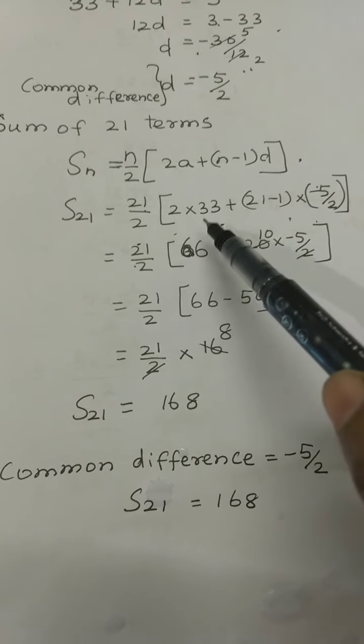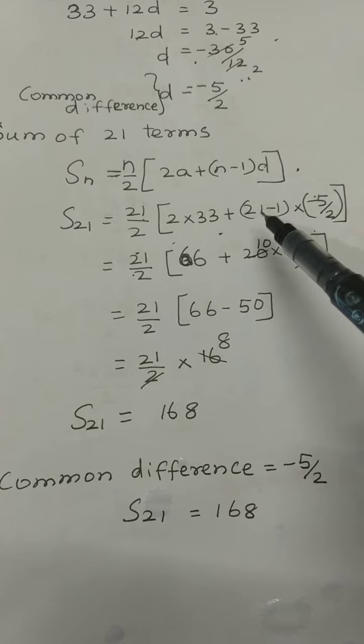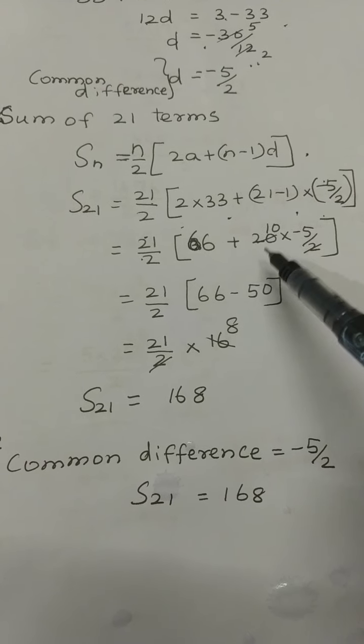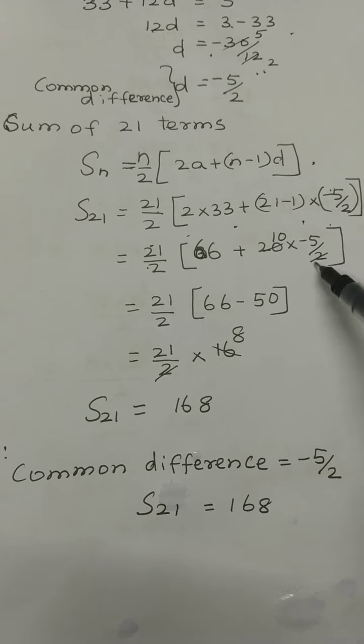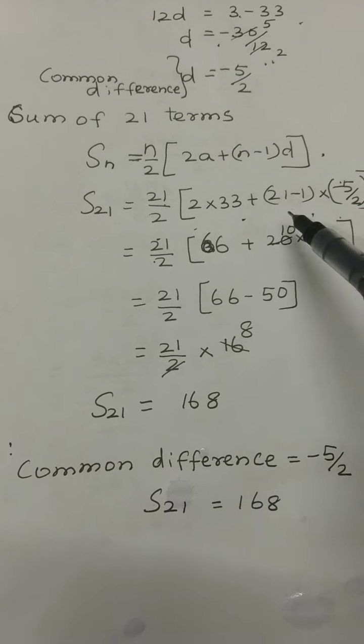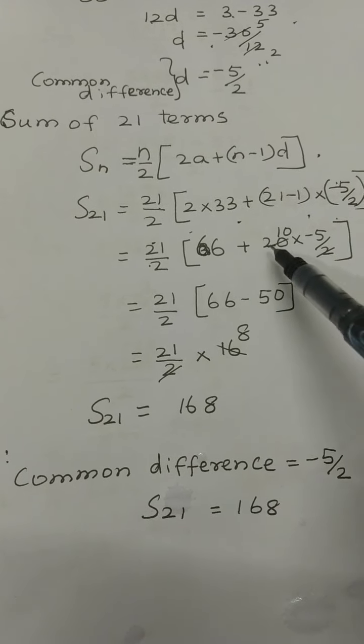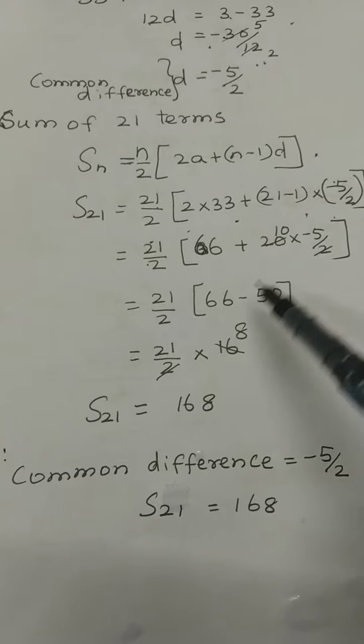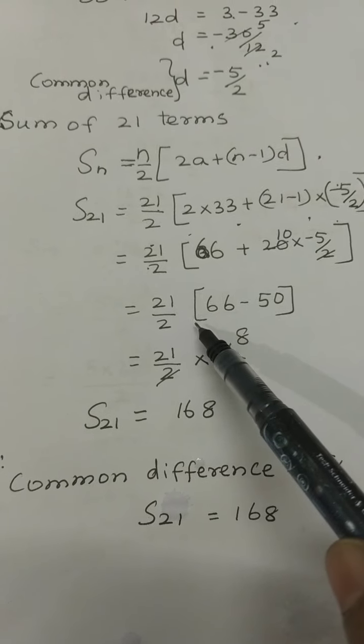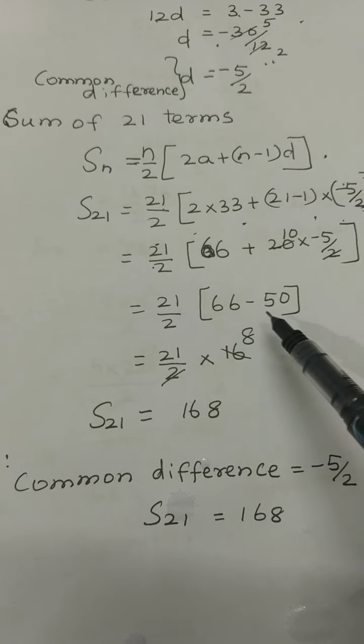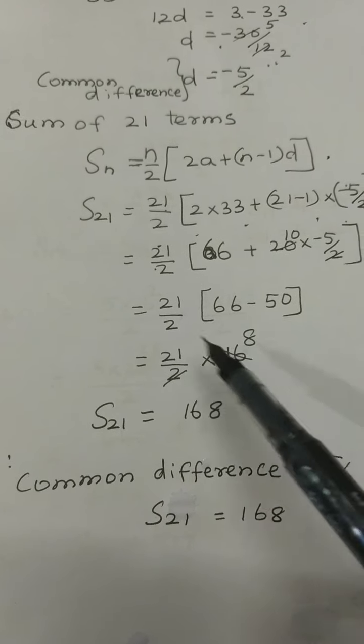Now 66 plus 20 into minus 5 by 2. Cancel and it will come as 10. Then 10 5s are 50, minus 50. Then 66 minus 50 is 16.